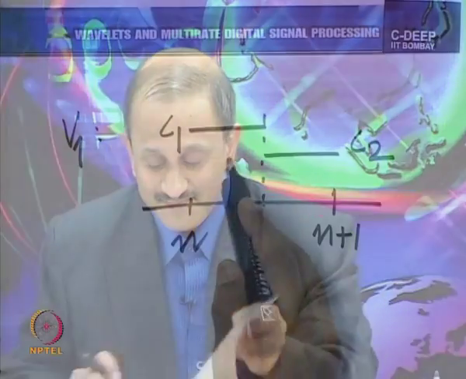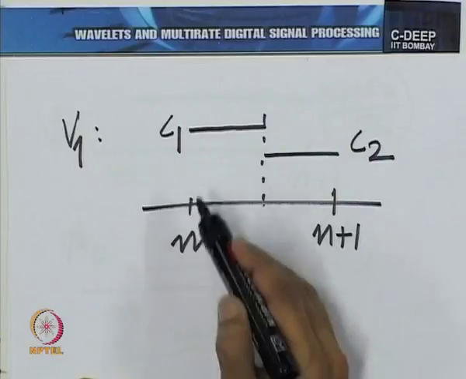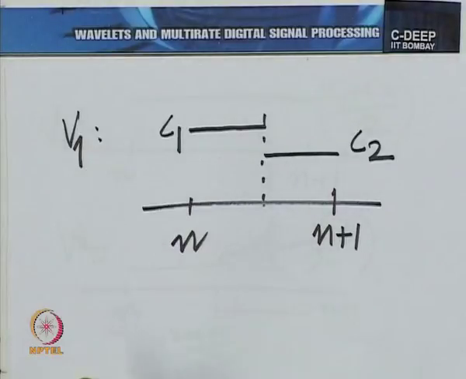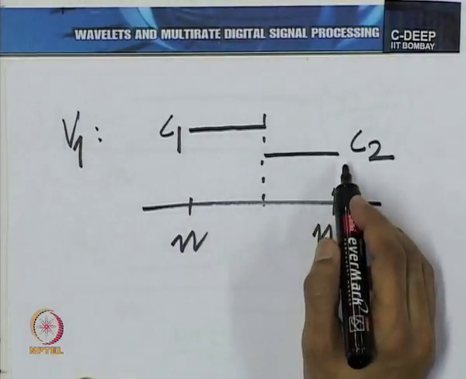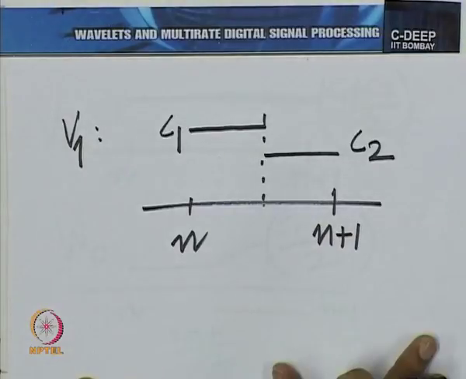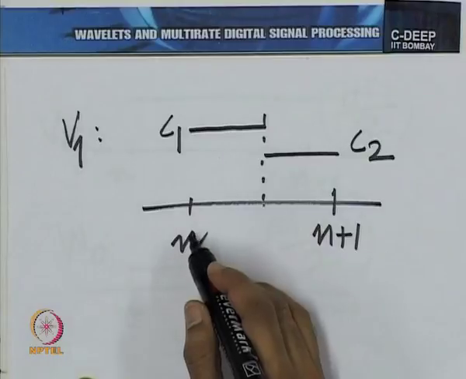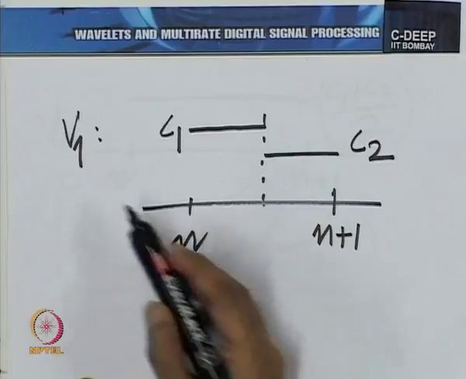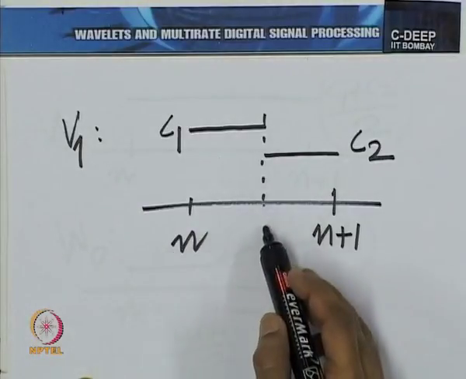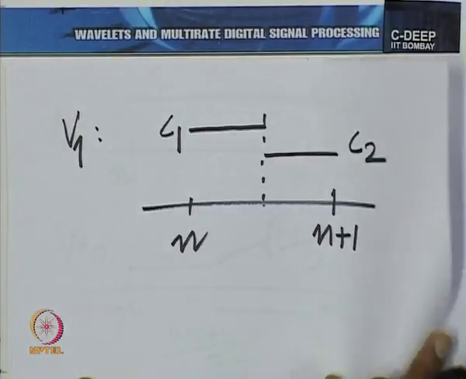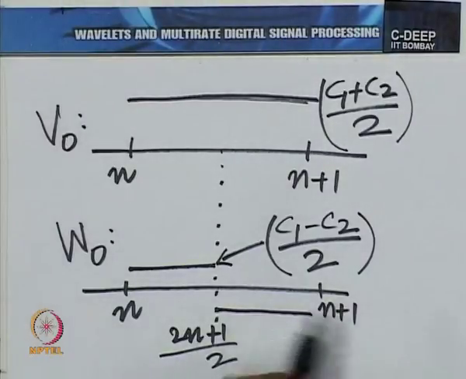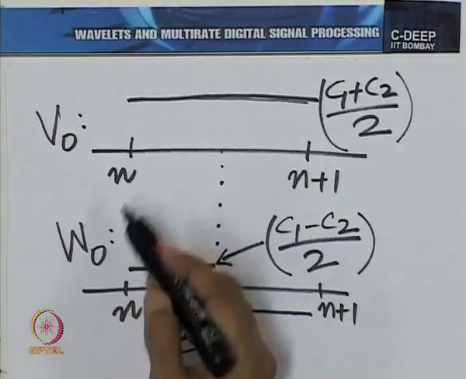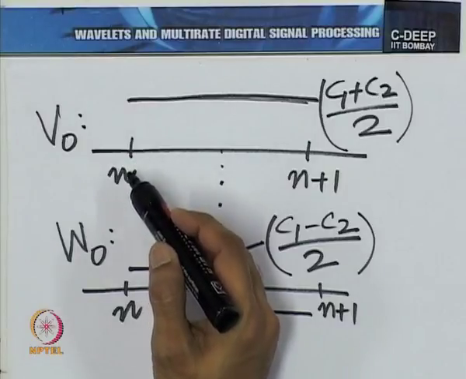If you look at it, here C 1 would be the value of the sequence at 2n, the sequence corresponding to the function in V 1. And C 2 would be the value of that sequence at 2n plus 1. Interestingly, the values of the sequence corresponding to the function in V 1 at the points 2n and 2n plus 1 relate to the values of the sequences corresponding to the functions in V 0 and W 0, but at the points n and not 2n.